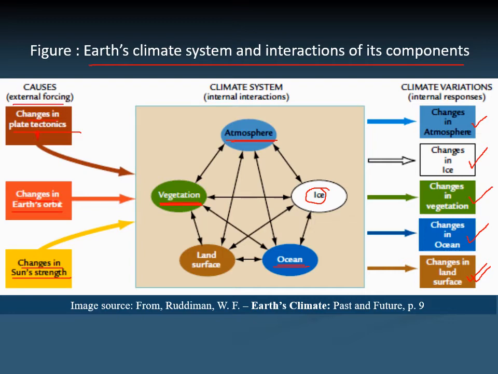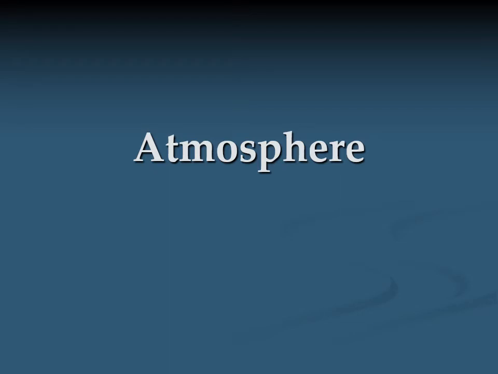So we came to know that one major thing which is going to change due to the interaction of different earth components is the atmosphere. And the atmosphere of earth means that it is the gaseous envelope which surrounds the earth.